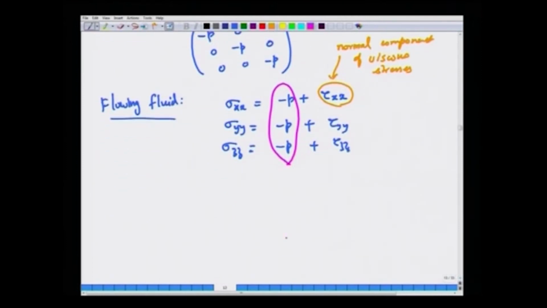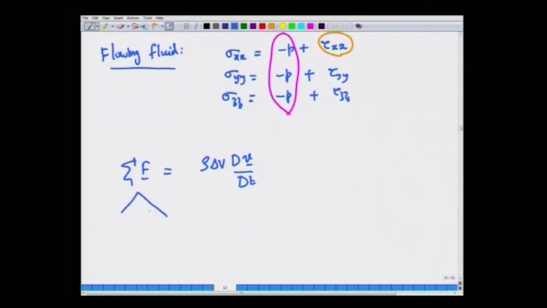Okay. So, now recall that the momentum balance that we wrote was summation of all forces is rho delta v times dv dt. Now, this force has two components, the body force which is rho delta v times g plus the surface force, and it is in the quest of what the surface forces are that we went into the notion of the stress tensor in detail. Okay.